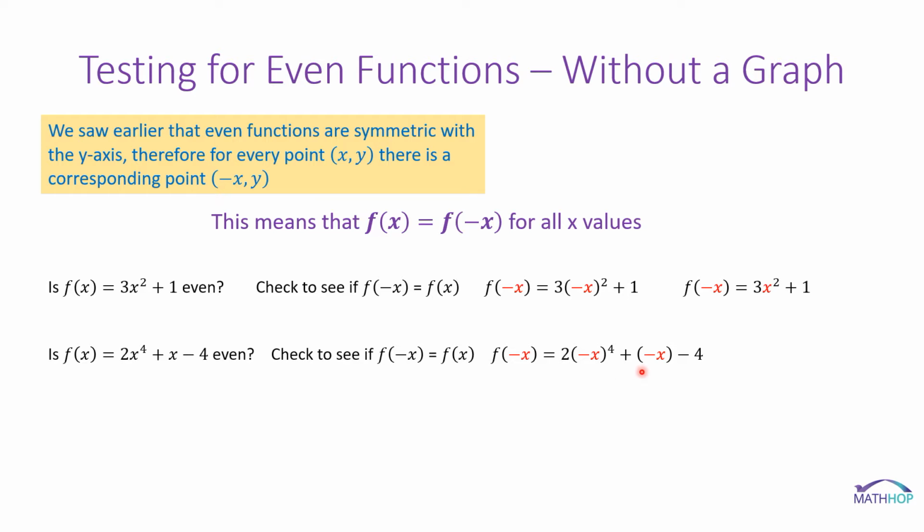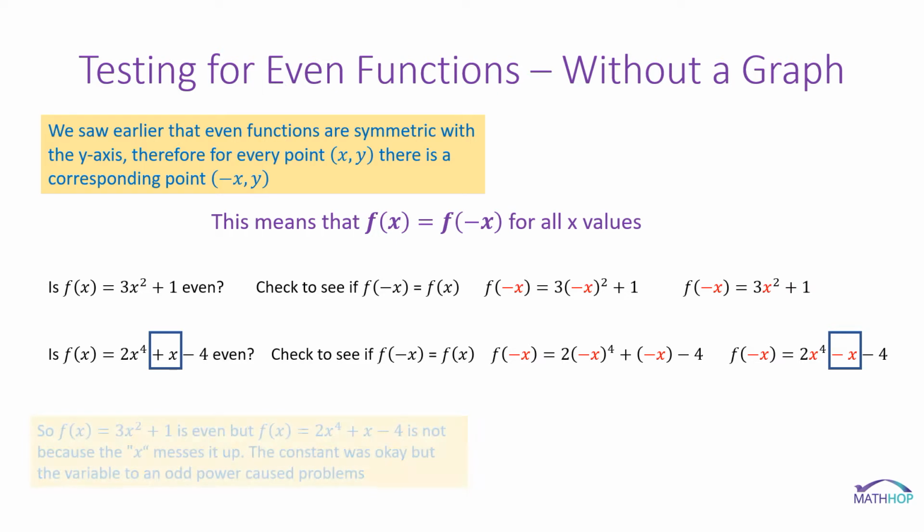Plus negative x, well, that's going to be a minus x, right? It's going to be 2x to the 4th minus x minus 4. That is what we get when we put negative x in, and they are not the same. What's different? The negative x was a positive x. So 2x to the 4th plus x minus 4 is not an even function.